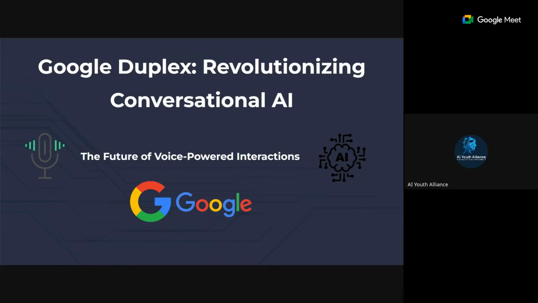In this session, we aim to provide a detailed understanding of Google Duplex, what it is, how it works, and its impacts on our daily lives and various industries. Whether you are a tech enthusiast, an AI professional, or simply curious about the future of automation, this presentation is designed to offer insights for everyone.